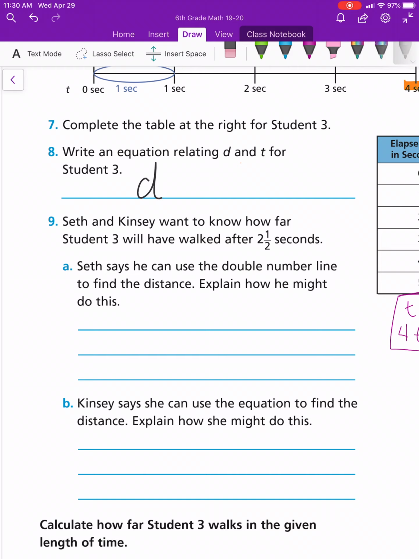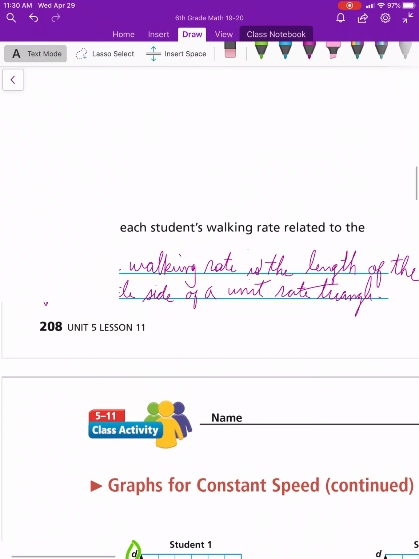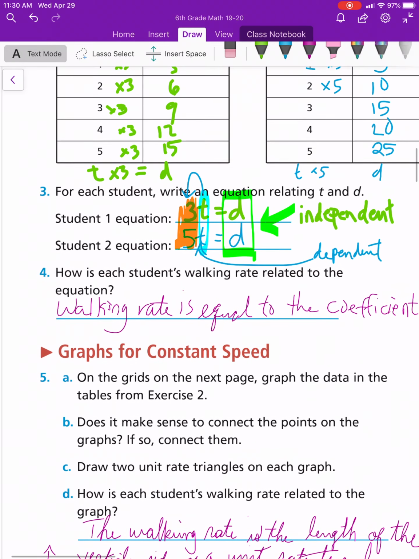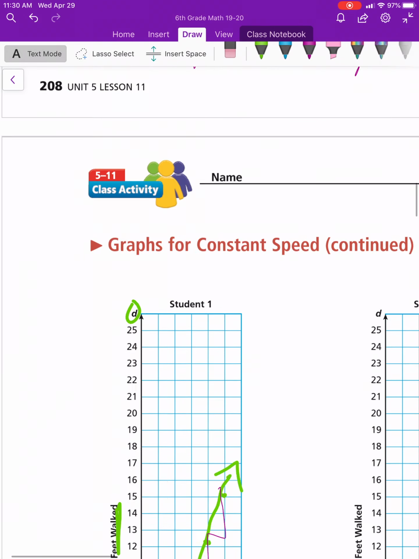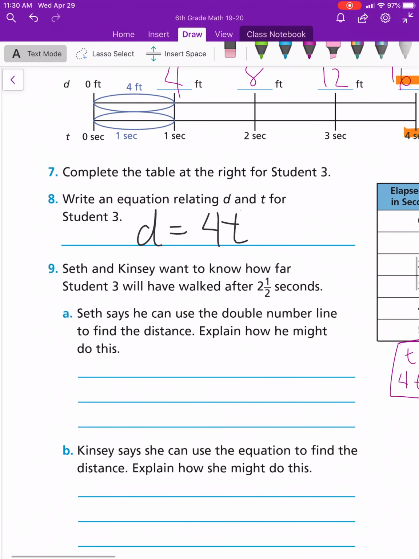Distance is my independent variable because it is not changing. However, this is changing. Let me make sure I did that on all of my other ones as well, where D is the independent variable. Yep, I did it right up there. Okay, sorry, thanks for bearing with me. I appreciate it. Okay, so let's relabel these.